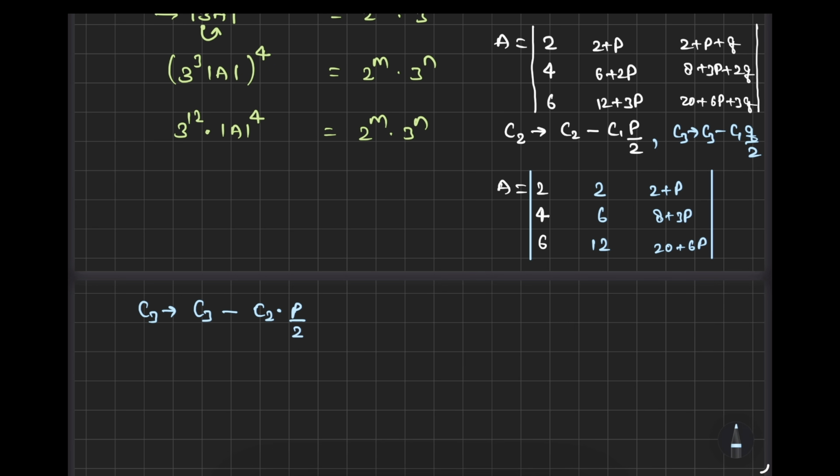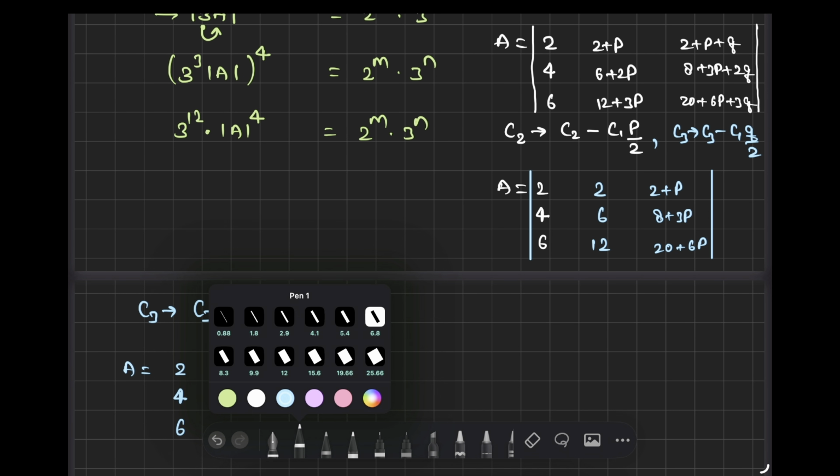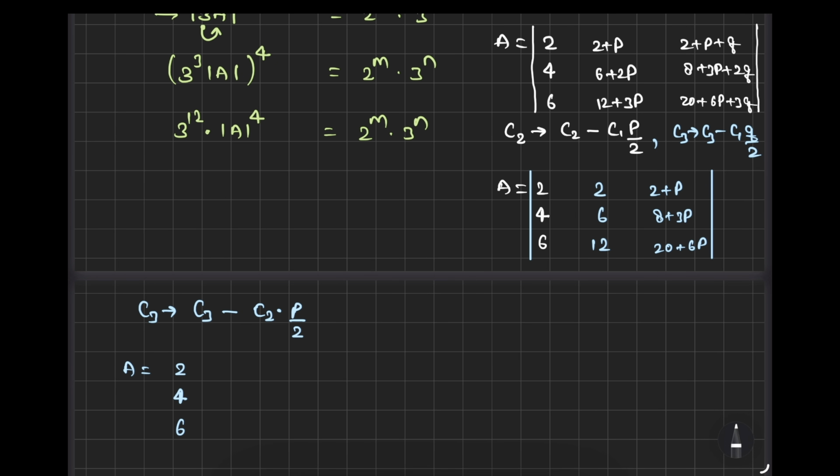Okay, now p will be eliminated. So A will look like what? 2, 4, 6, 2, 6, 12, and then p, 3p, 6p will be eliminated and we will be left with 2, 8 and 20. Okay, so it is 2, 8 and 20.